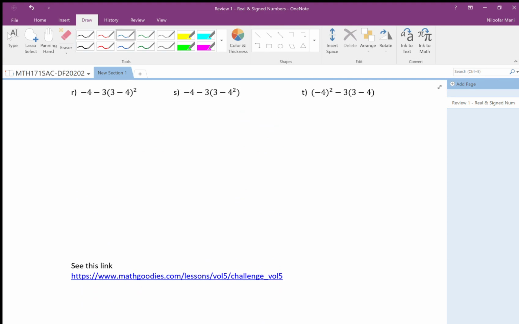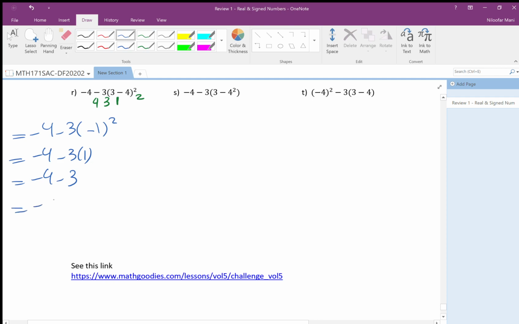First I have to do the bracket, then the exponent, then the multiplication, and then this. So minus 4 minus 3 times minus 1 squared equals minus 4 minus 3 times 1. It's minus 4 minus 3, and it's minus 7. Done.